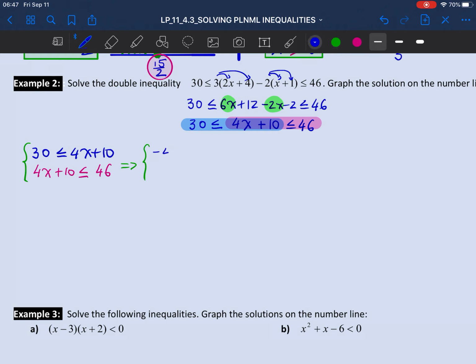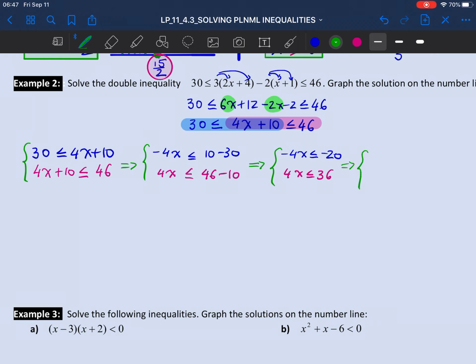So I'll bring 4x to the left side and numbers to the other. So I will leave 4x in here to the left side and bring 10 to the other, so 46 minus 10. In the next step, we're simplifying each side, so we have negative 4x less than or equal to negative 20, and 4x less than or equal to 36.